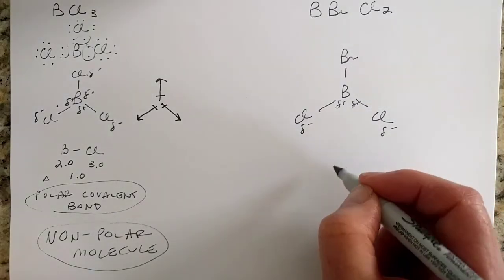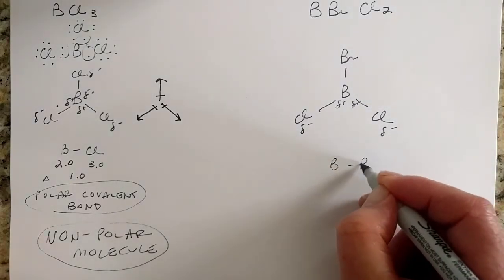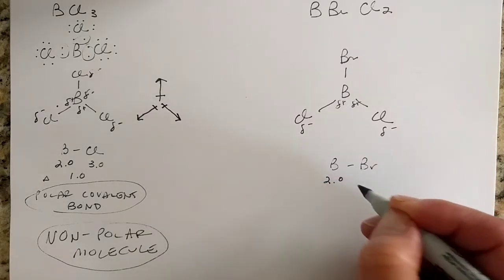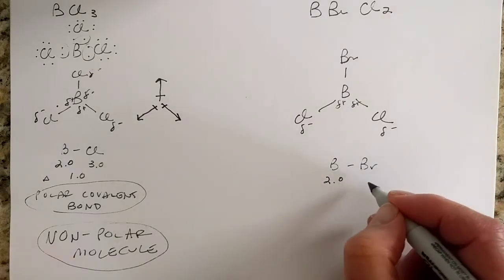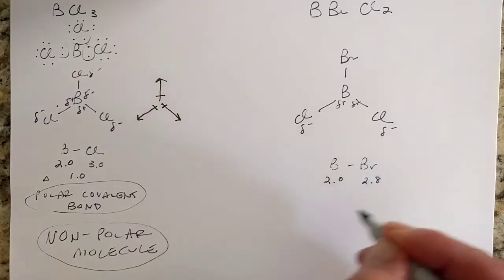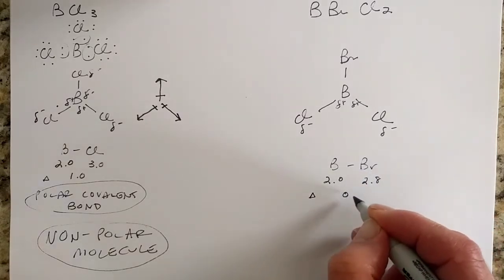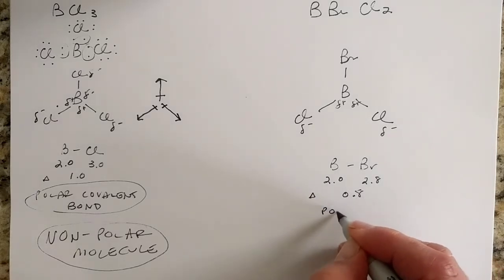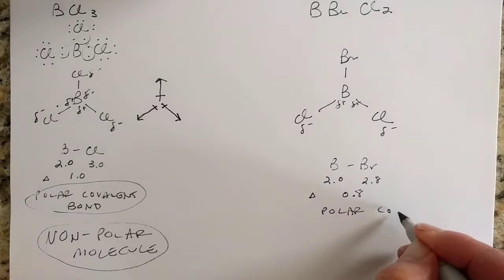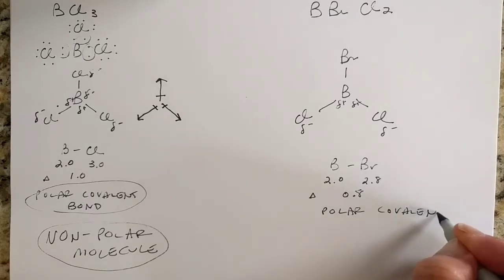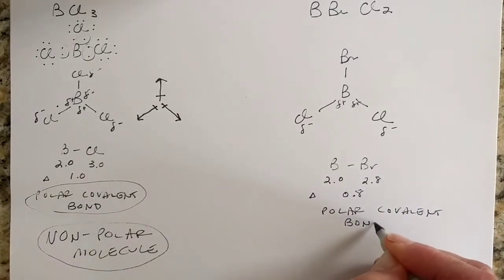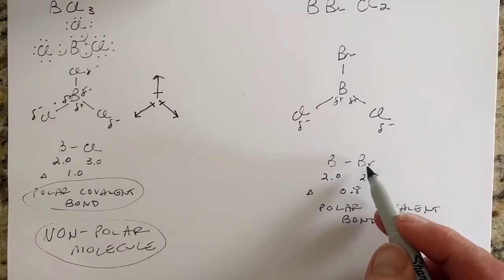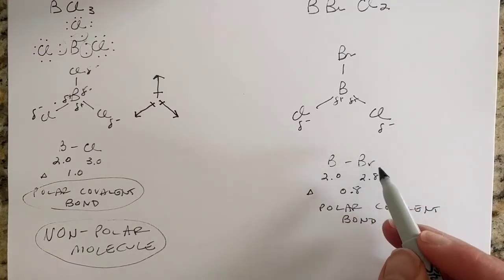But now we have the boron-bromine bond to evaluate. Boron is 2.0 and bromine is 2.8. So our delta is 0.8. And that still puts us in the polar covalent bond range. So we are not sharing electrons equally between the boron and the bromine. Bromine is more electronegative. Bromine has a delta minus.